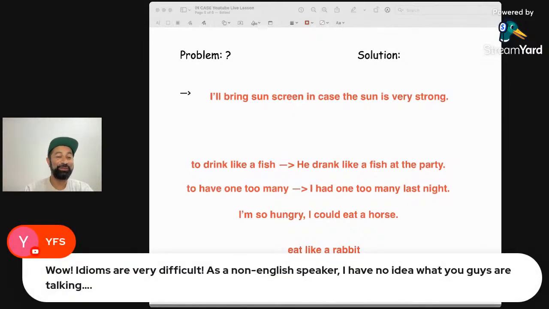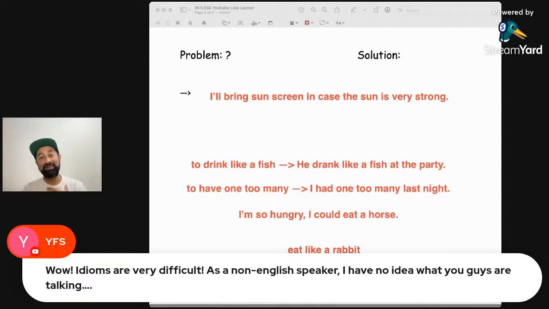Wow, idioms are very difficult as a non-English speaker. I have no idea what you guys are talking about. Yeah, idioms are tough. And the one thing that makes it even tougher is that depending on where you are, like if you're in America, if you're in Canada, if you're in the UK, the idioms, the slang, it's all different.